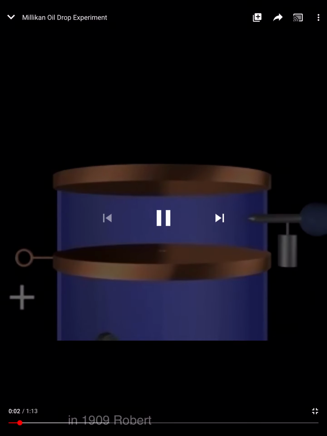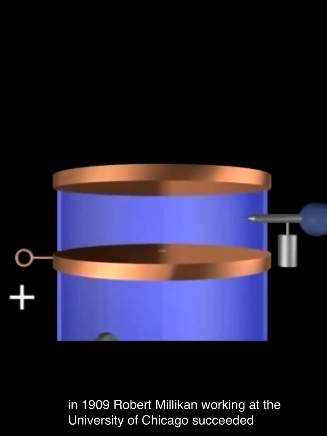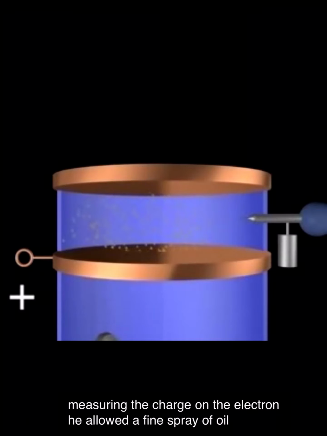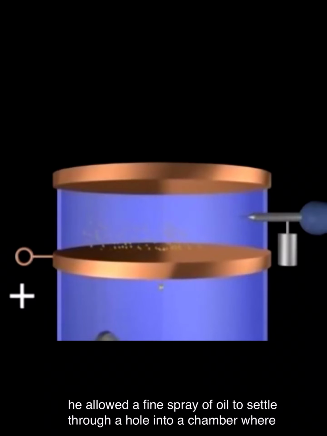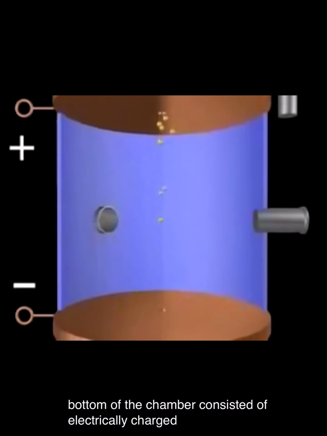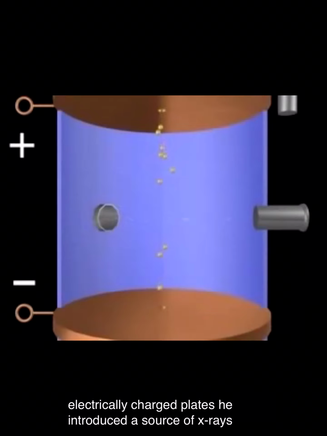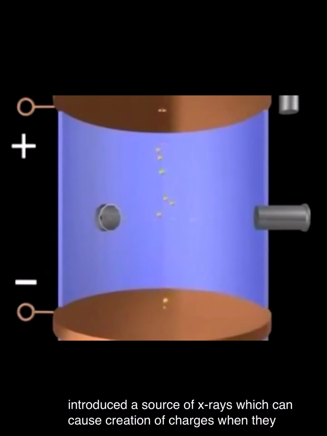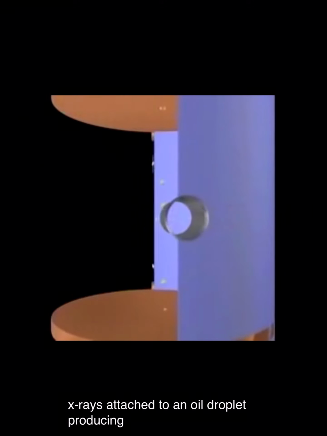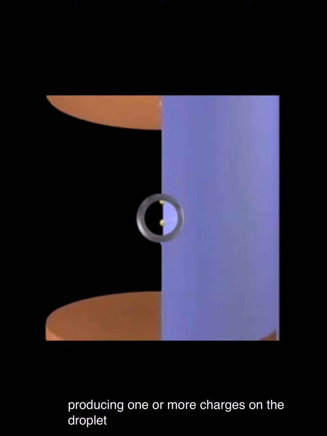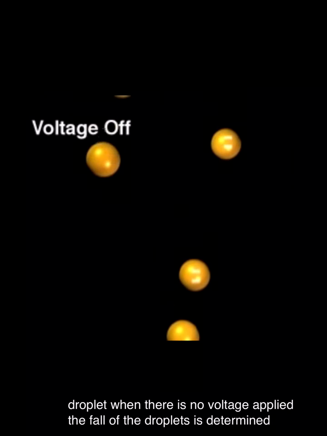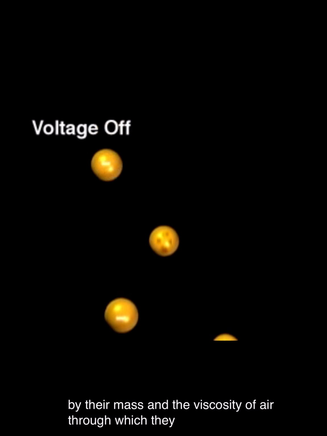In 1909, Robert Millikan, working at the University of Chicago, succeeded in measuring the charge on the electron. He allowed a fine spray of oil to settle through a hole into a chamber where he could observe their fall. The top and bottom of the chamber consisted of electrically charged plates. He introduced a source of X-rays which can cause creation of charges when they strike matter. Charges produced by the X-rays attach to an oil droplet, producing one or more charges on the droplet. When there is no voltage applied, the fall of the droplets is determined by their mass and the viscosity of air through which they fall.